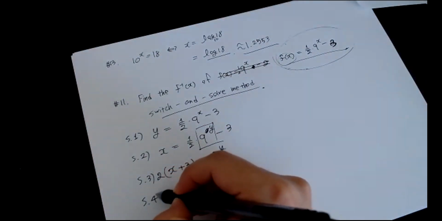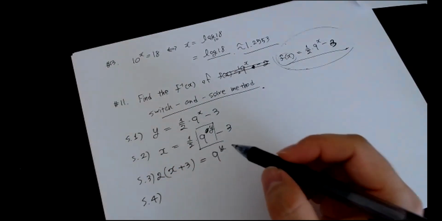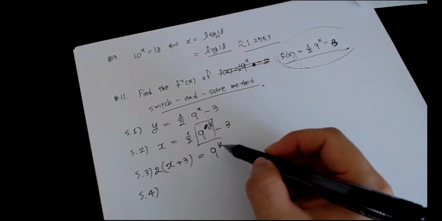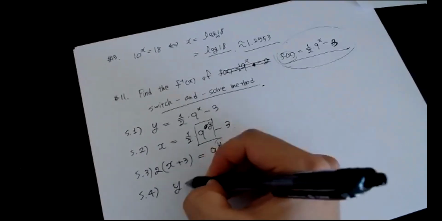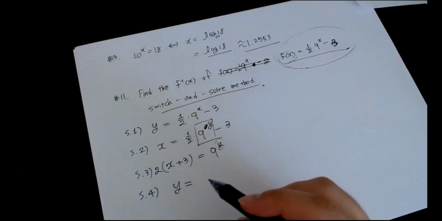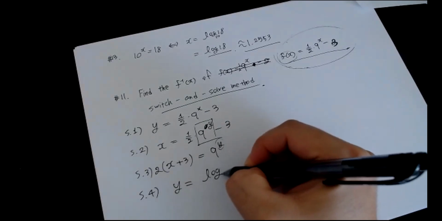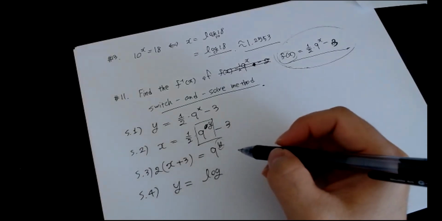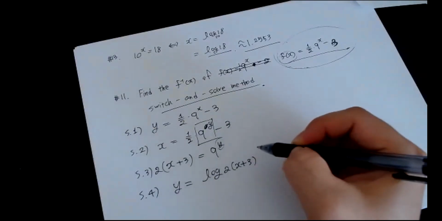And now we express y in terms of log, because y is the exponent, right? So we can figure out the actual value of y using the log term. This is log of 2 times x plus 3, but 2 times x plus 3 is actually 2x plus 6, right?